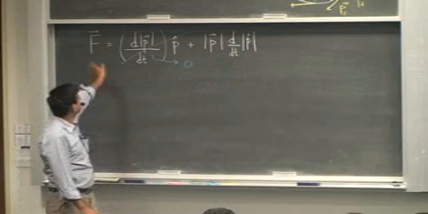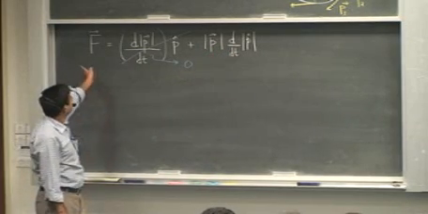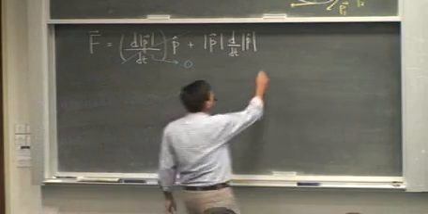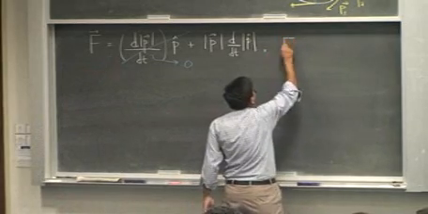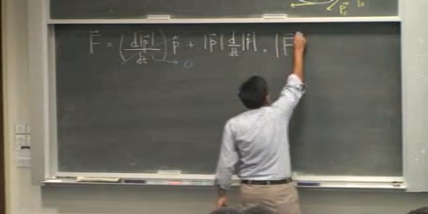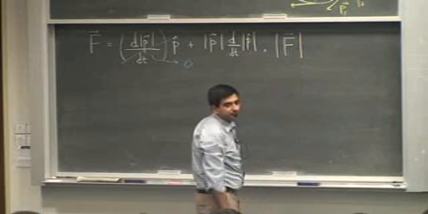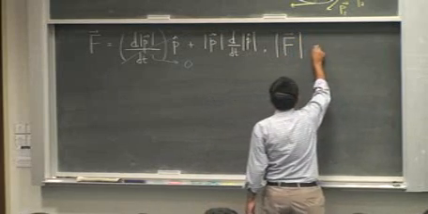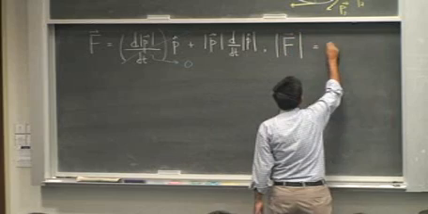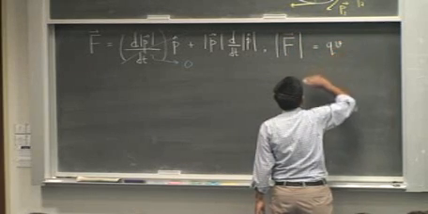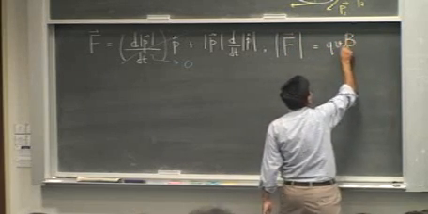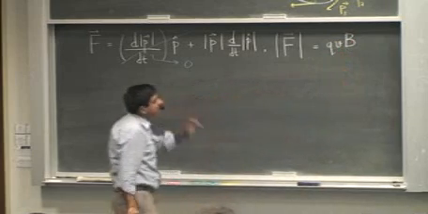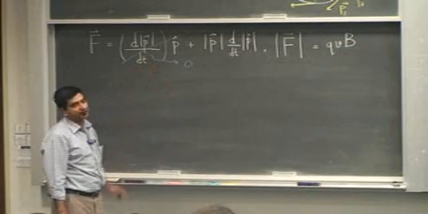This is the force vector, and if I would like to calculate the magnitude of the force, the magnitude of the force will simply be Q V B sine of theta, 90 degrees. This is the magnitude of the force from the Lorentz relationship.